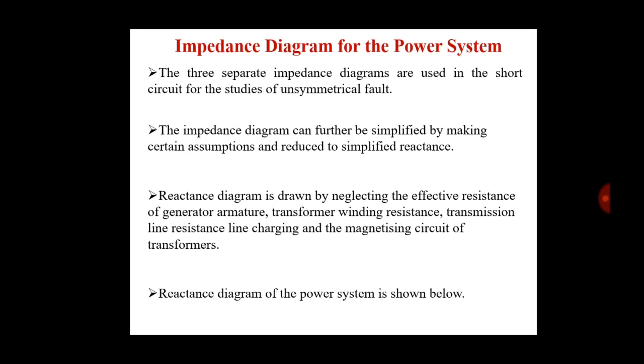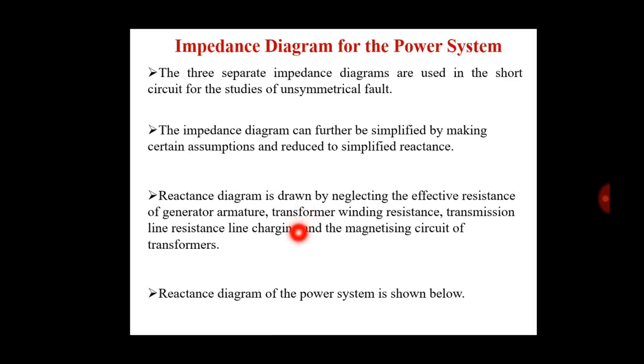The reactance diagram is drawn by neglecting the effective resistance of generator armature, transformer winding resistance, transmission line resistance, line charging and the magnetizing circuit of a transformer. In the reactance diagram the resistance is neglected; we use zero resistance and represent everything only by reactance.